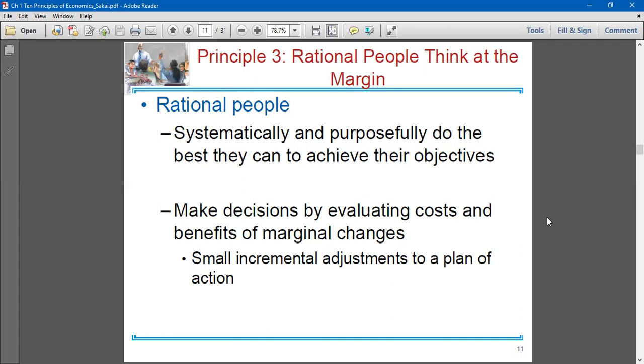Our decision making is normally based on these small changes. When something changes in a very small way, how do we react? If there's a small change in price, are we going to buy more of the good, buy less, or will our quantity not be affected at all? That's how we normally make our decisions.